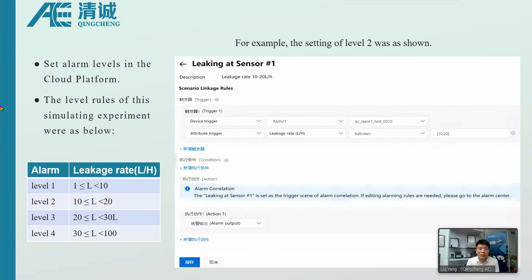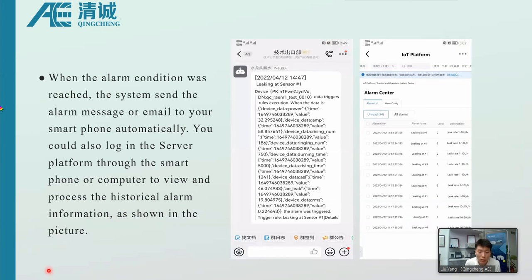And then when the alarm condition was reached, the system sent the alarm message or email to your smartphone automatically. You could also log in to the server platform through the smartphone or computer to view and process the historical alarm information.